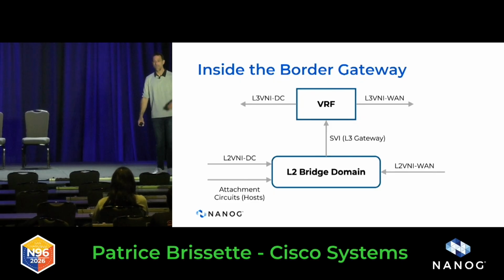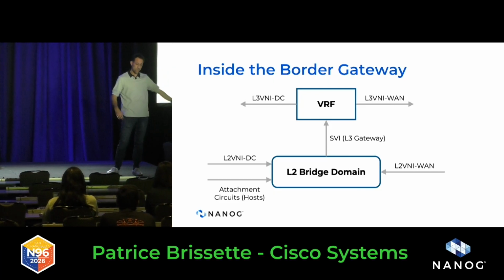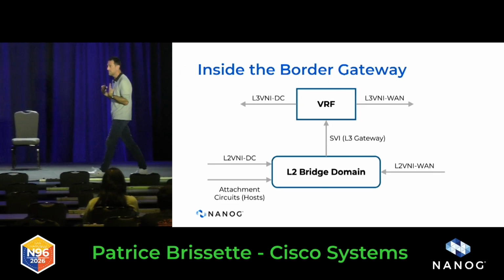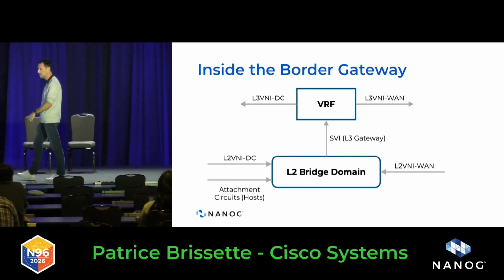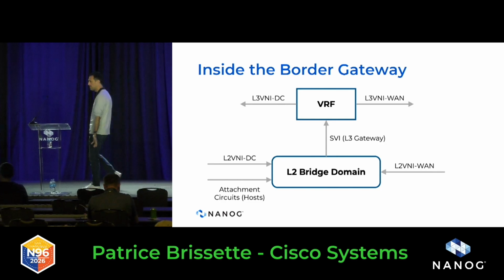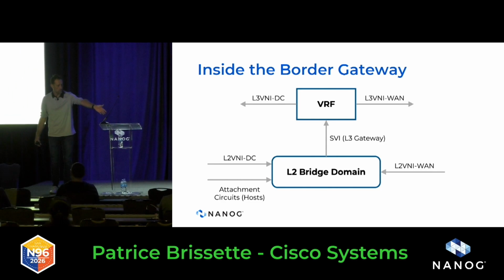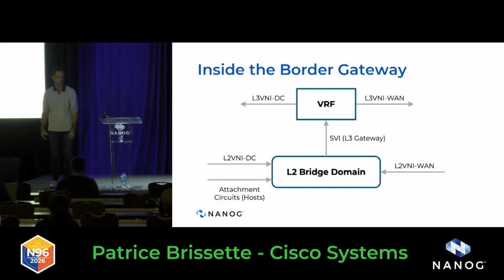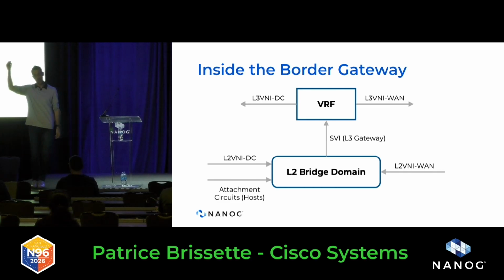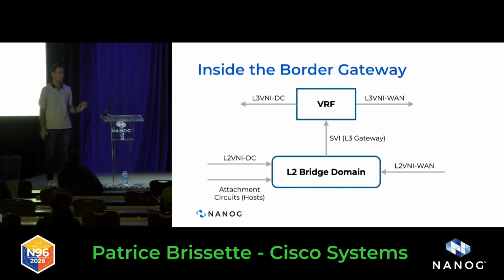And then I have a VRF for my IP traffic connecting my DC to the WAN side. And I put an SVI/IRB for doing my L3 gateway between L2 and L3, in case I'm having a straight, connected host directly attached to the border gateway. And I can go to L3, I can go to L2, I can do all possibilities.